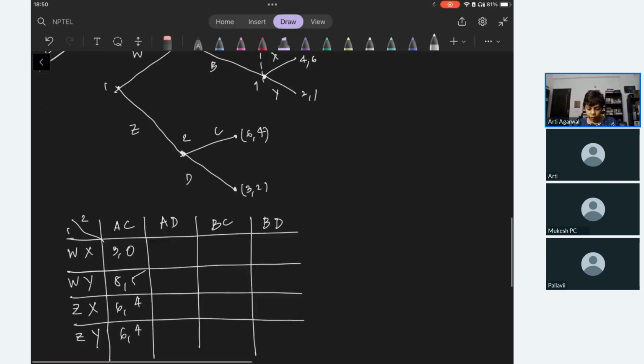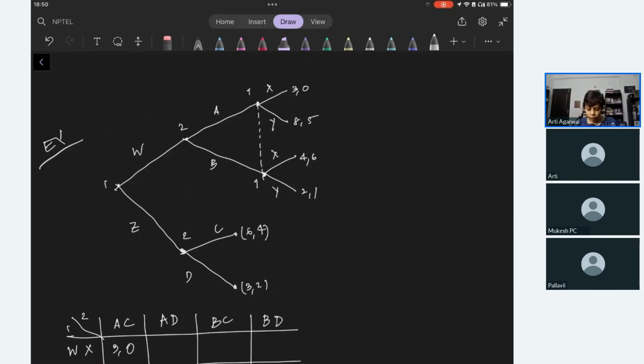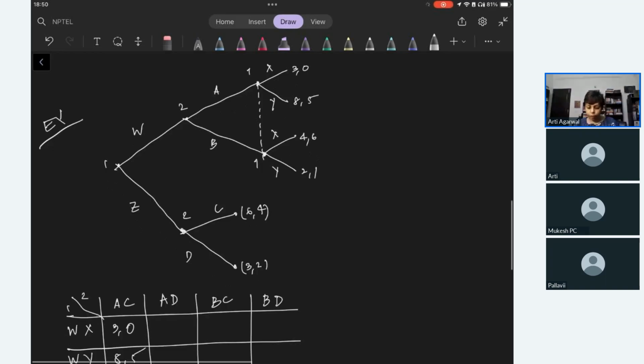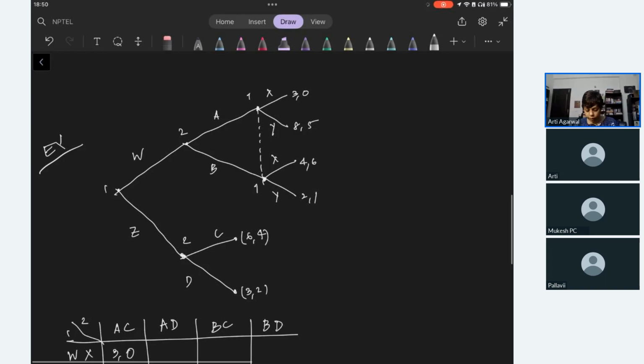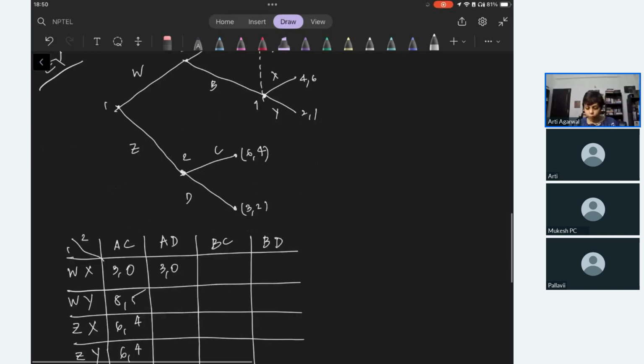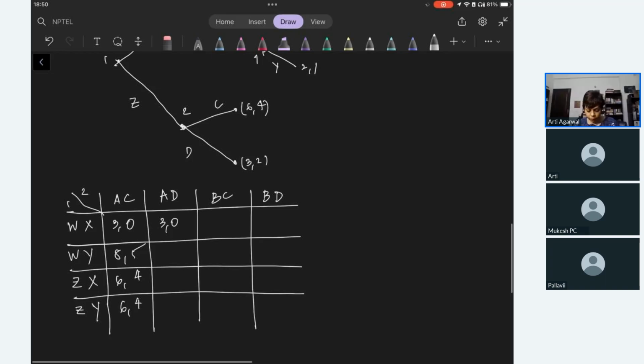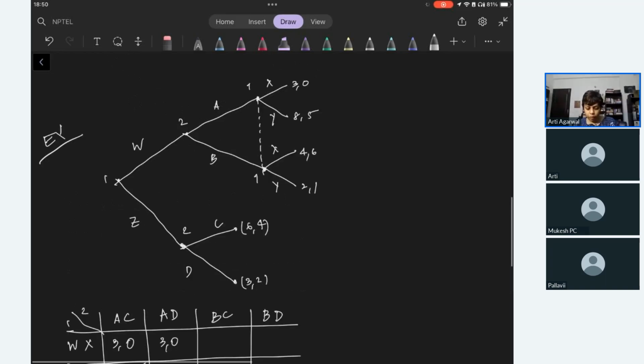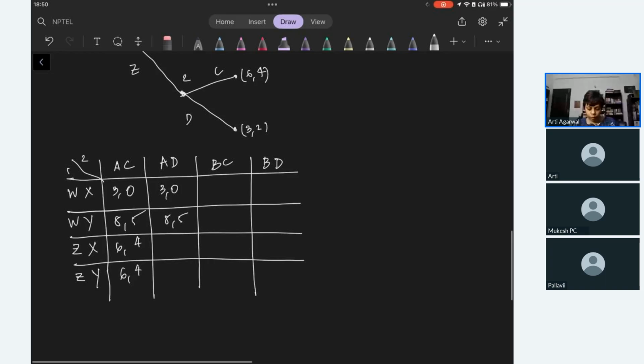Okay, A and then D. So again, we are still in the top part of the game. For W, X, it is still 3, 0. W, Y, it is still 8, 5. When we talk about A, D for player 2, and for player 1 we are saying Z, X, it is 6, 4.